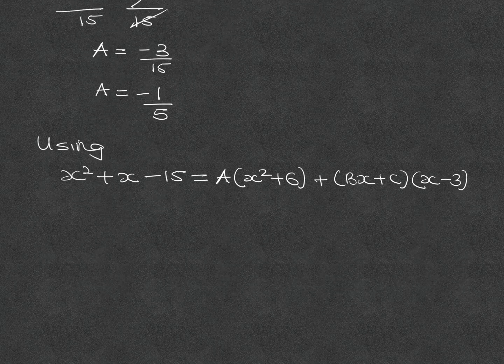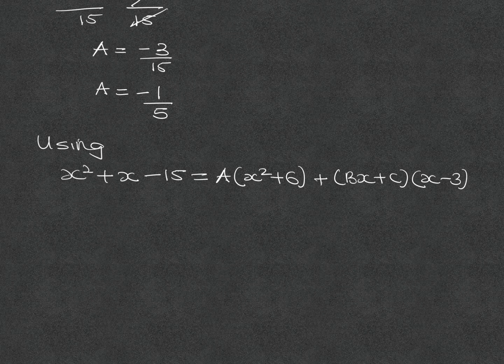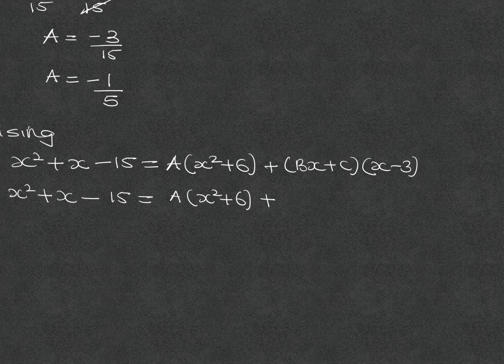What we need to do is expand the brackets. So that will be x squared plus x minus 15 is equal to a into x squared plus 6, plus, for this side we need to take the bx, multiply with x minus 3, then we take the c and multiply with x minus 3.